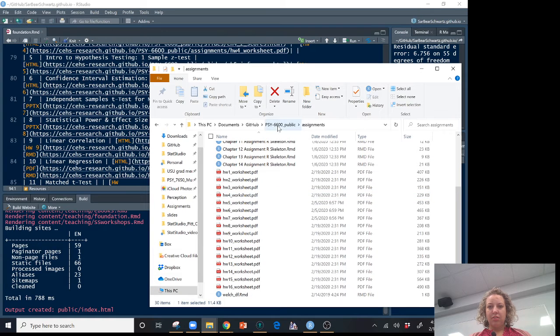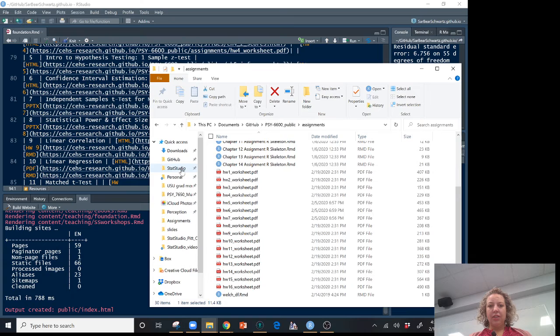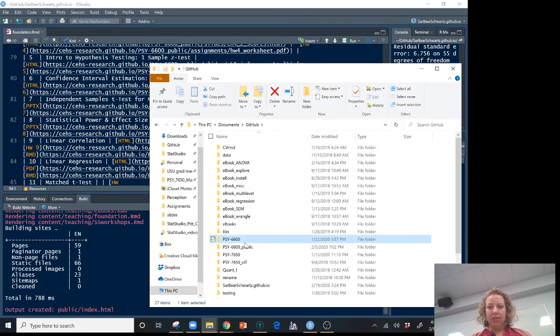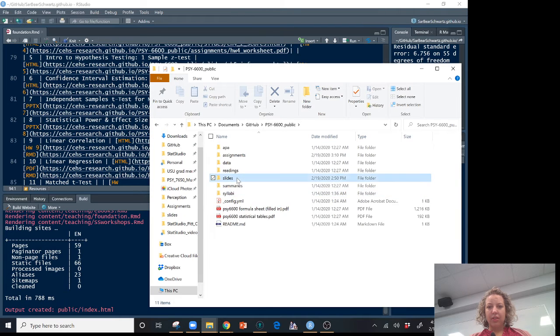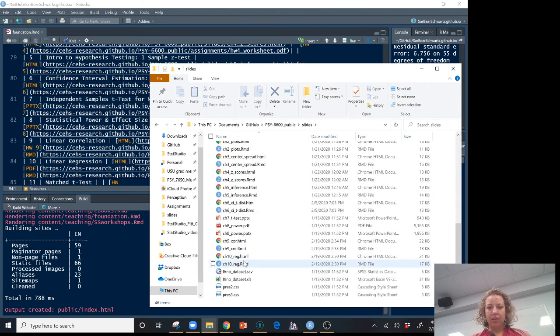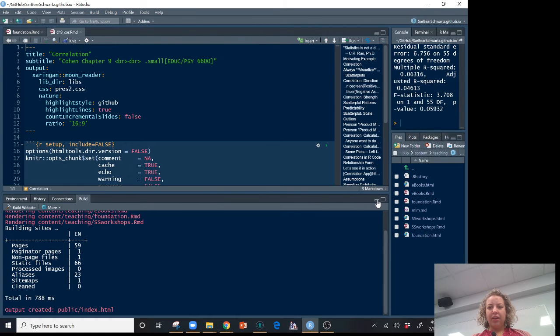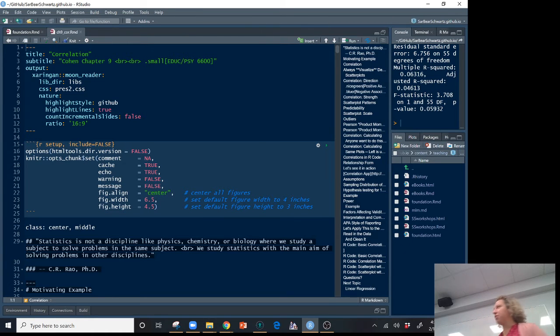So the slides are going to be in not the public, but the private. No, they are in the public. So, okay, check it out. This is an R file that makes a slideshow.